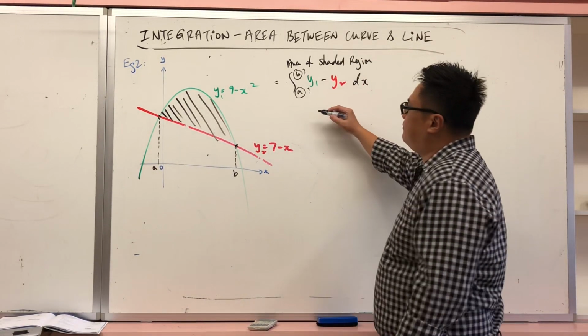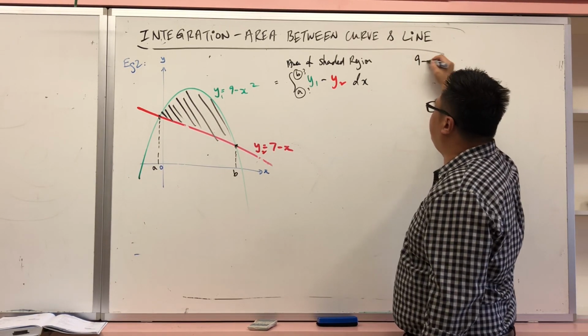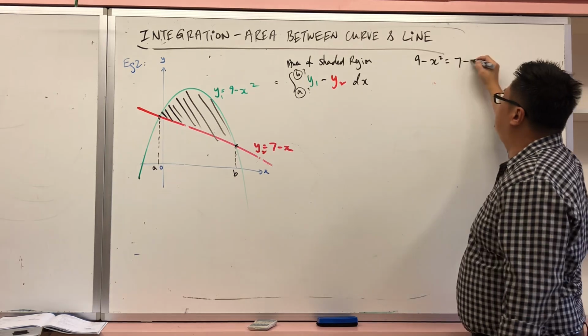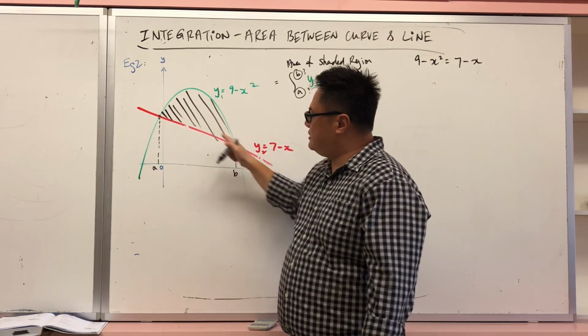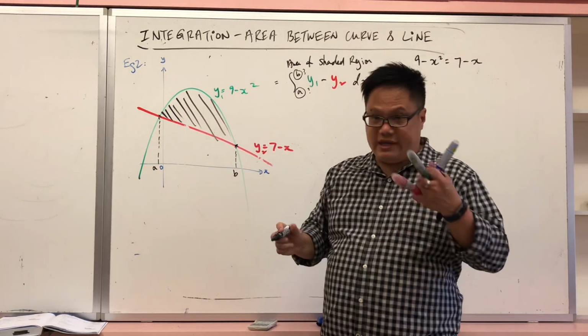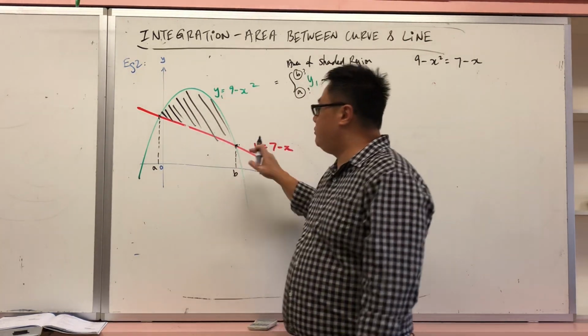So let us solve them. What we can do is equate them. When they intersect at these 2 points, the 2 equations are equal. So your Y1 must be equal to Y2.